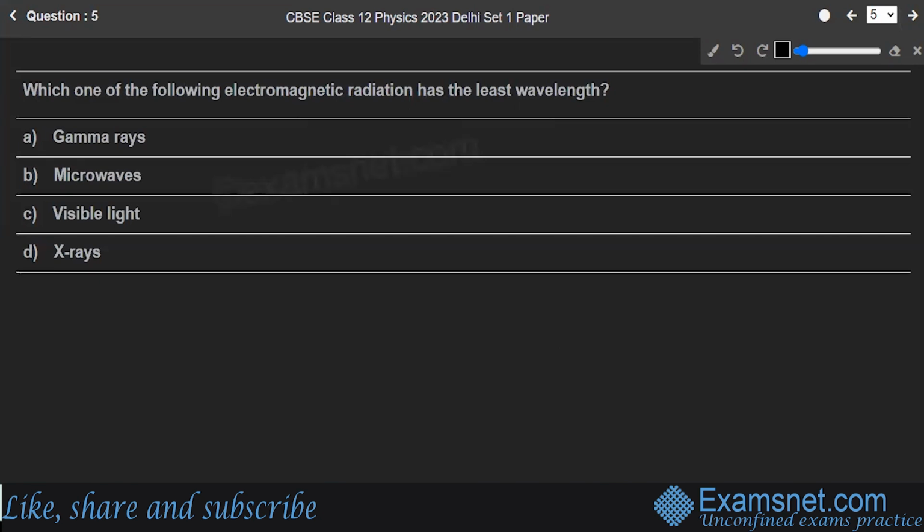Which of the following electromagnetic radiation has the least wavelength? Gamma rays, visible rays, microwaves, or X-rays? The right answer to the question is gamma rays. The distribution of electromagnetic radiation according to the energy is known as electromagnetic spectrum. It's typically divided into 7 categories.